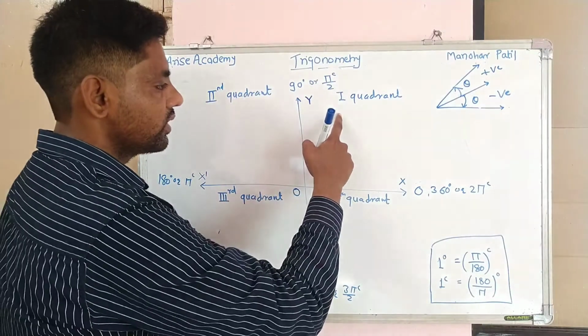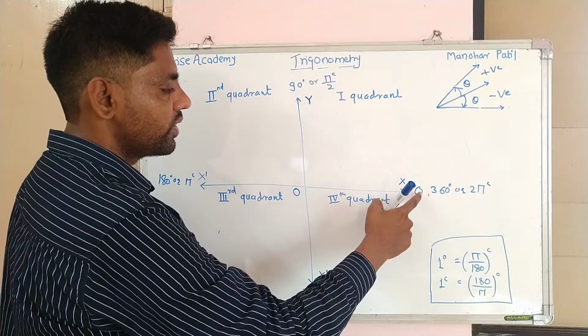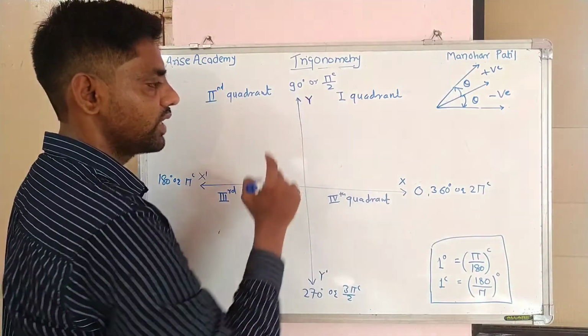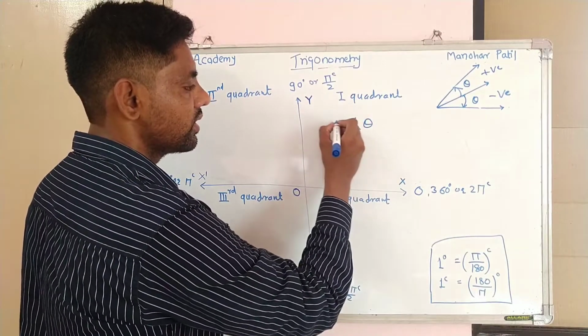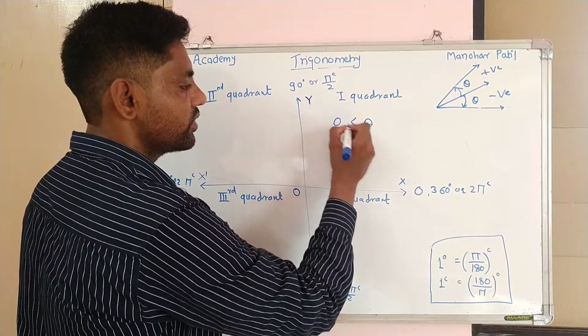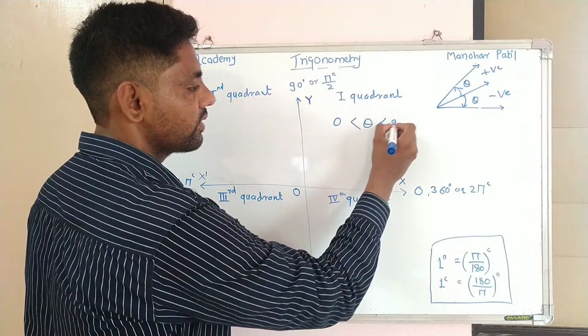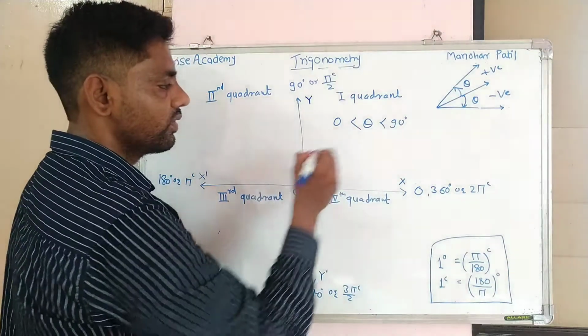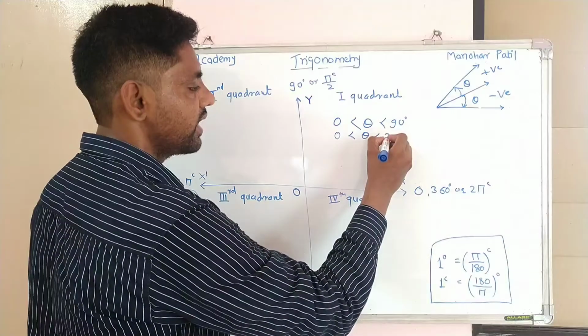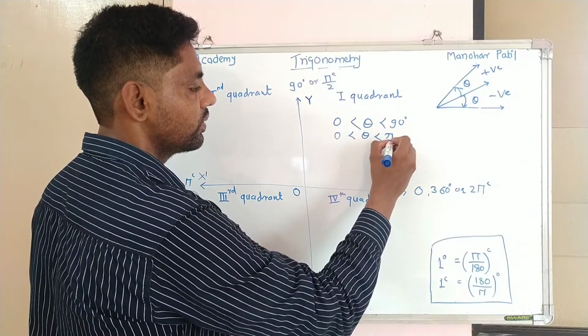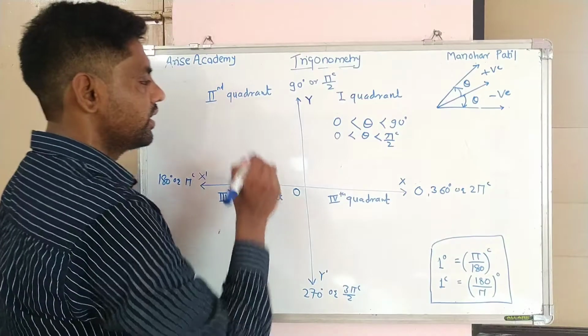In the first quadrant, the angle lies between 0 degree and 90 degree. So we can write the angle theta is greater than 0 degree and less than 90 degree, or theta greater than 0 and less than pi by 2 radian.